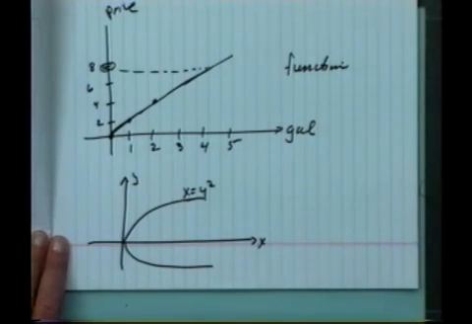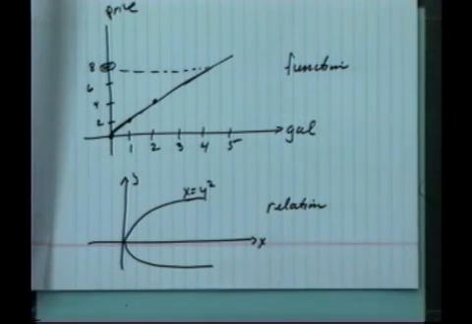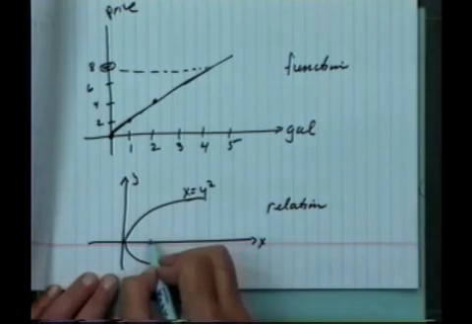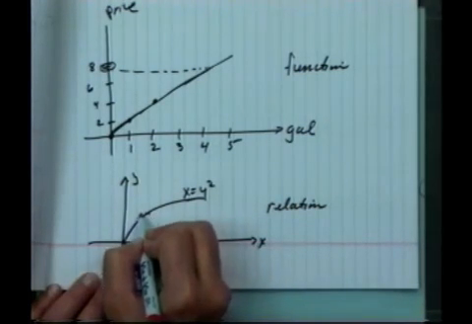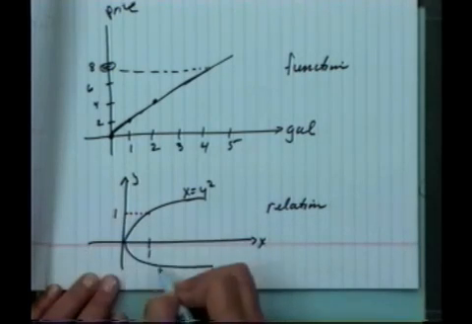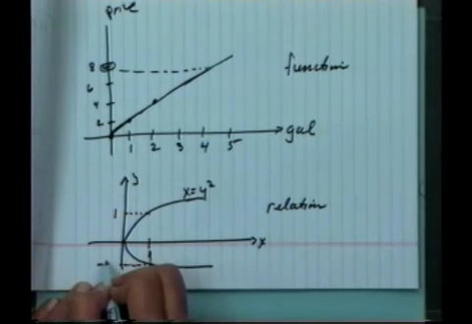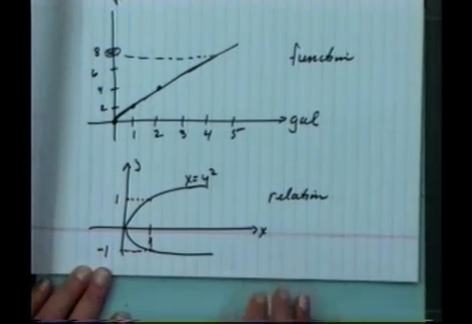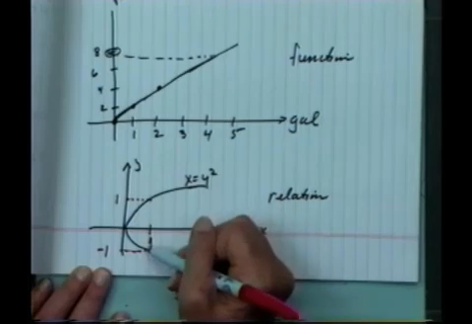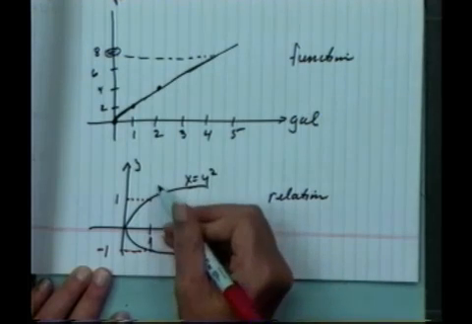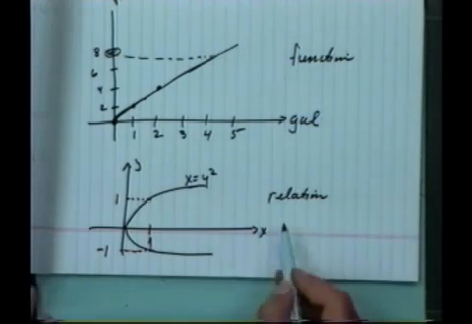This is an example of a relation that is not a function, because when x is 1, we have a y value which is positive 1. It's not quite drawn to scale, is it? And we have a y value which is negative 1. This is like pumping your gas and they charge you 2 different prices. I guess in this case they would give you money for pumping gas with the negative. So that's an example of a relation.